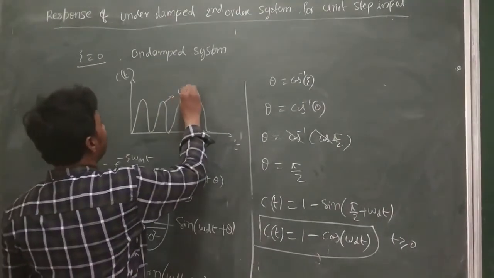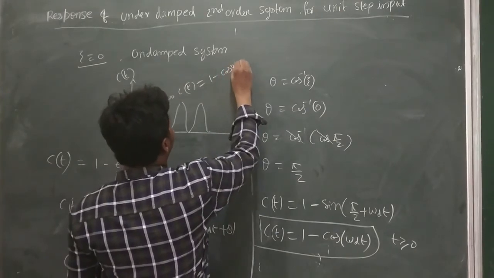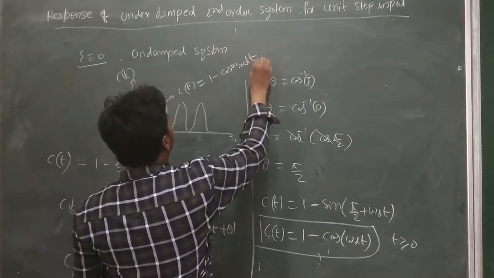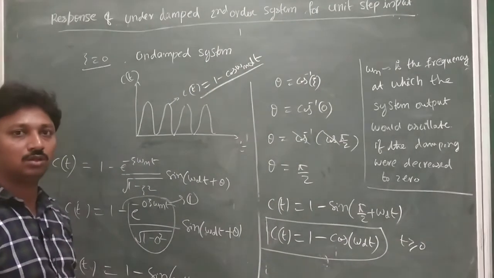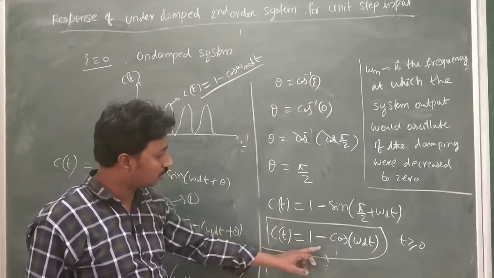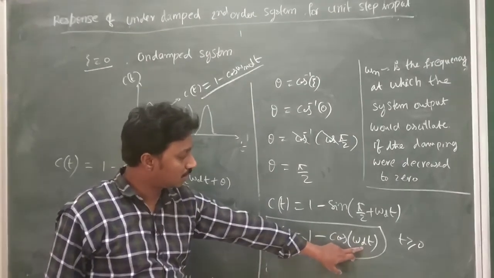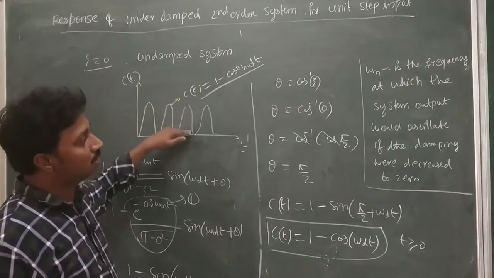This is c of t is equal to 1 minus cos omega n t. Okay. So here this response c of t is equal to 1 minus cos omega n t. So this is the response for the undamped system.